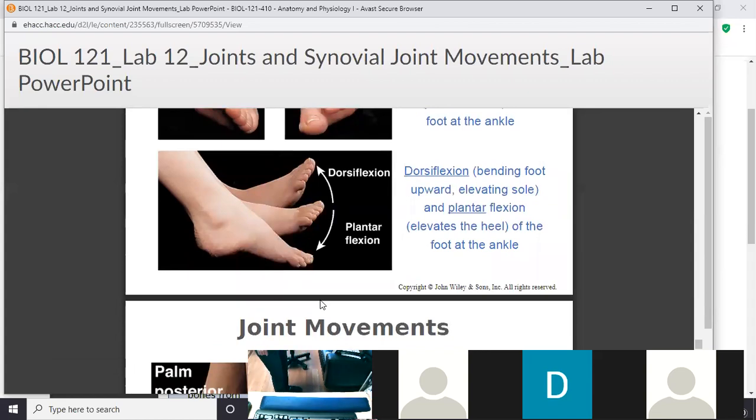Plantar flexion, trying to plant a seed with your toe. Big toe is going to allow you to plantar flex. Make a hole for the seed. Dorsiflexion, bringing the front of the foot upward, towards your tibia.